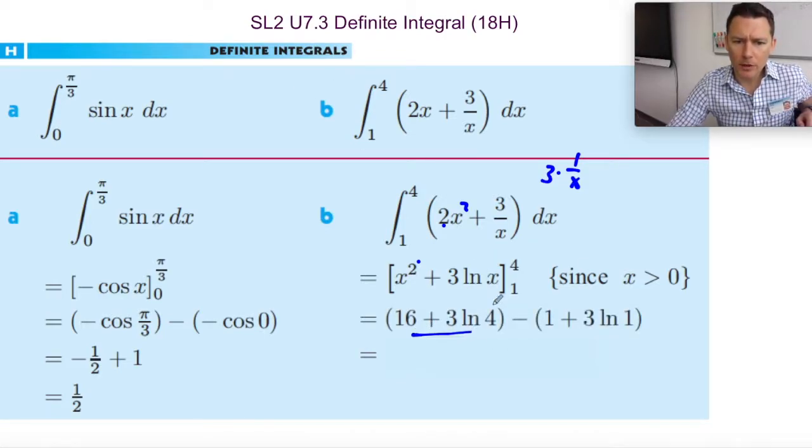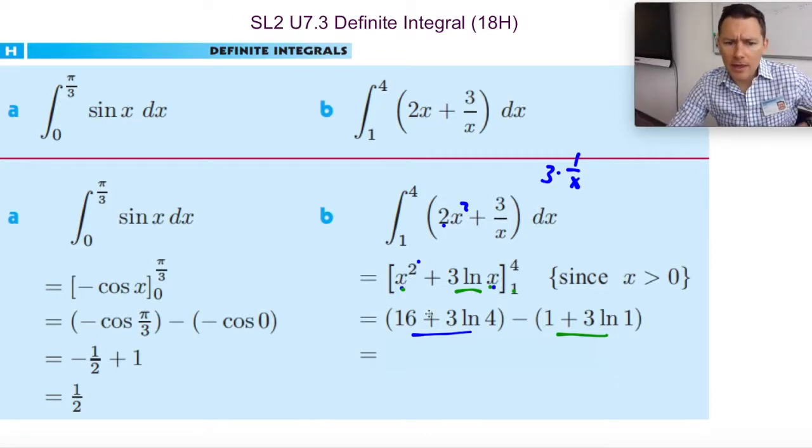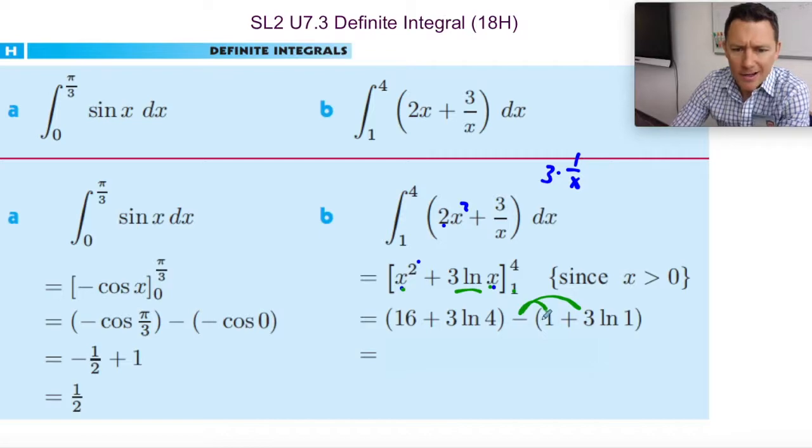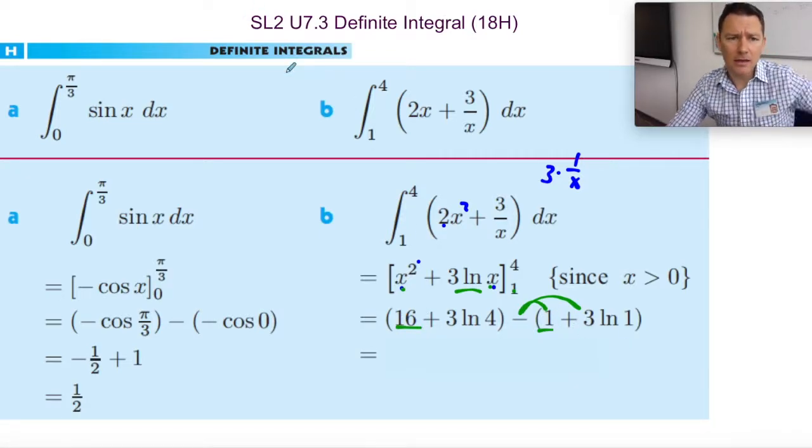All right, here we put 4 in here and here, voila. And here we put 1 in here, and voila. And then clean it up. So the negative distributes in there and there. So this is going to be 15.